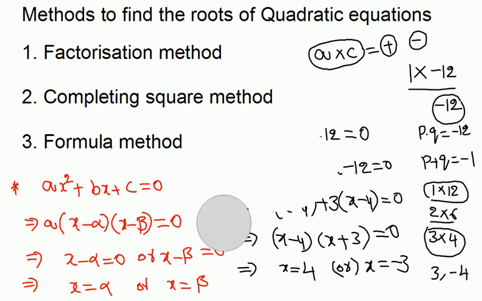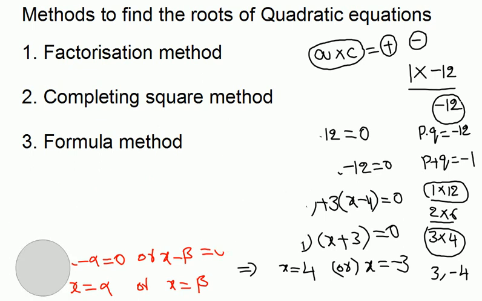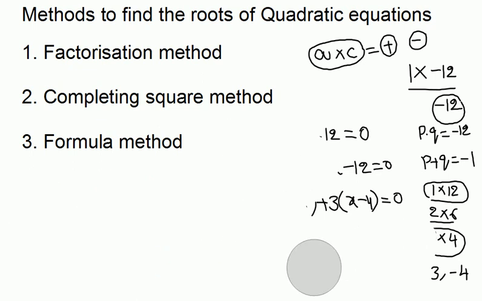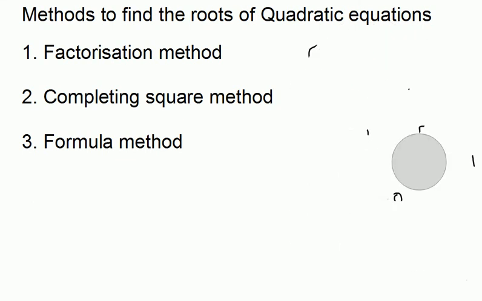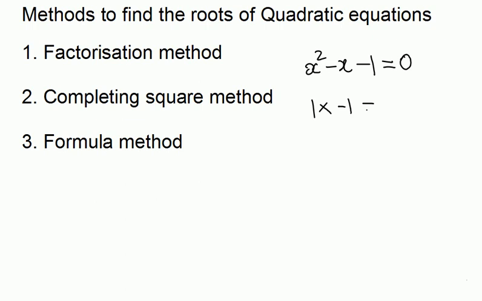Now let us derive a formula for finding the roots of this quadratic equation. Why? Because in some cases we cannot be able to find suitable factors. For example, x square minus x minus 1 is equal to 0. If you take this quadratic equation, so x square coefficient is 1, and the constant term is minus 1. 1 into minus 1 is equal to minus 1.